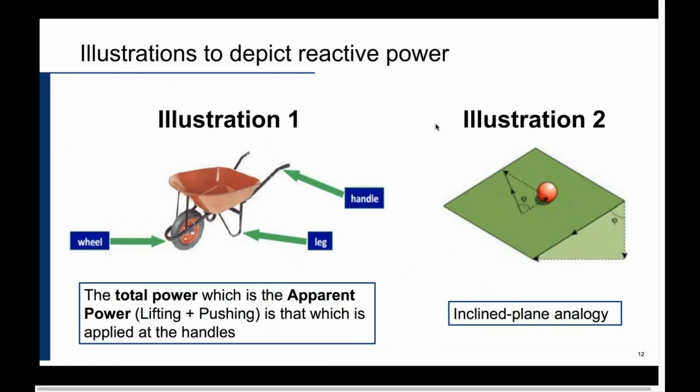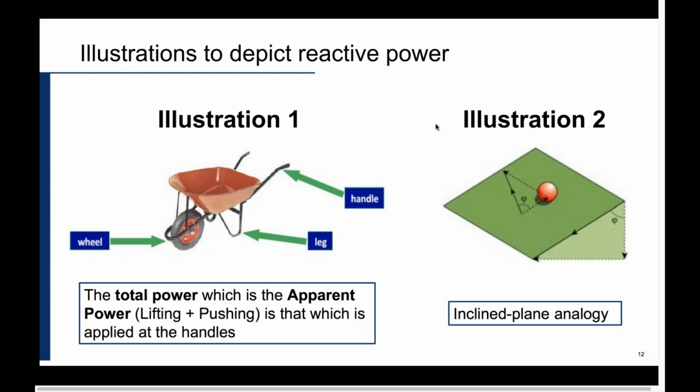To quickly illustrate active power and reactive power, I have two examples here. One example on the left is the wheelbarrow analogy. In order to make the wheelbarrow move, we have to apply force at the handle. The force should be applied in the forward direction only after lifting the handle.